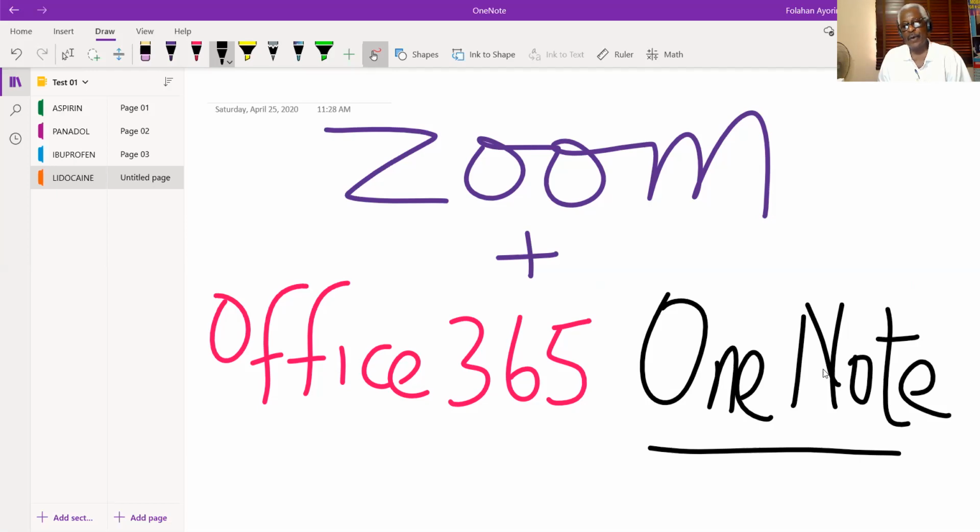The 365 OneNote provides the option of writing on the screen as though you are in the classroom, writing on the chalkboard or writing on the whiteboard in your classroom, thereby providing your students and you the opportunity to simulate the classroom experience.